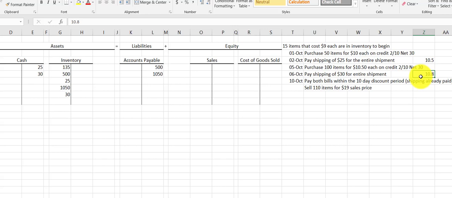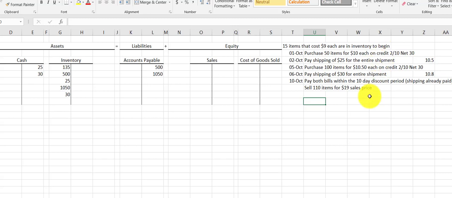Now we're not quite done yet. We've got to pay our bills. We owe our suppliers $1,550. And we're going to take 2%, because we get a 2% discount for paying early.